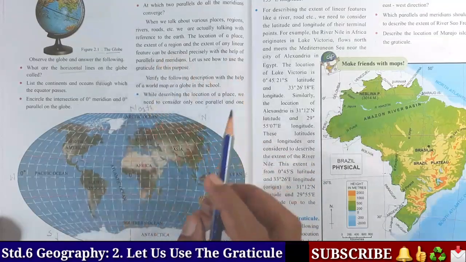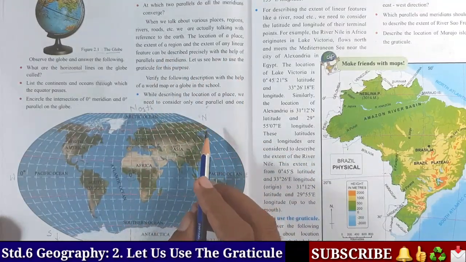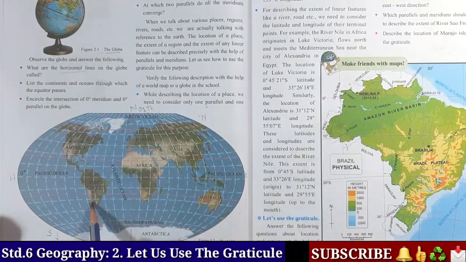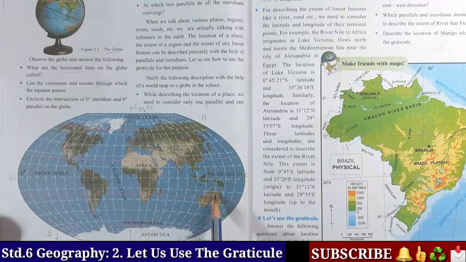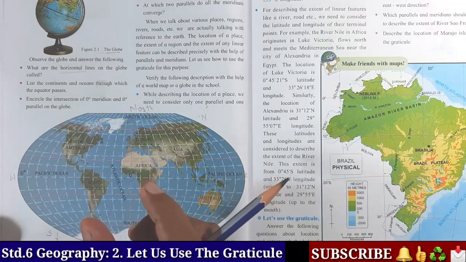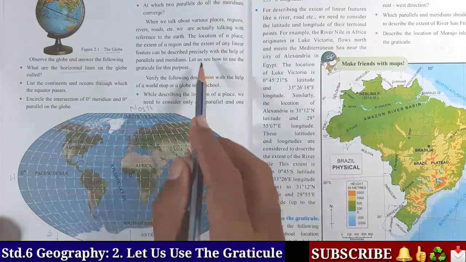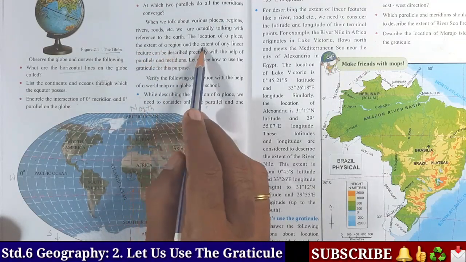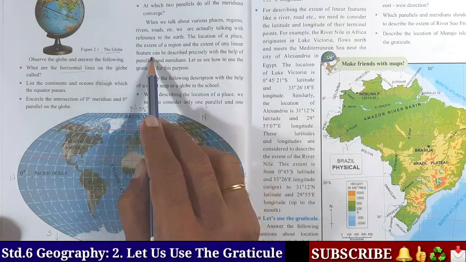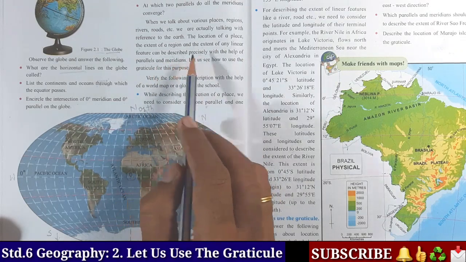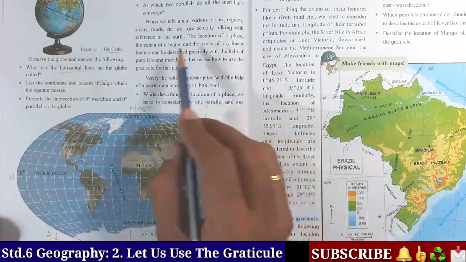Then the extent of a region. What does extent of region mean here? The area of a region: the area of Asia, Africa, South America, North America, Australia, or the area of any region, city, town, district, state or nation. So we are talking about the area of a region. Then the extent of any linear feature can be described with the help of parallels and meridians. What do you mean by linear features?